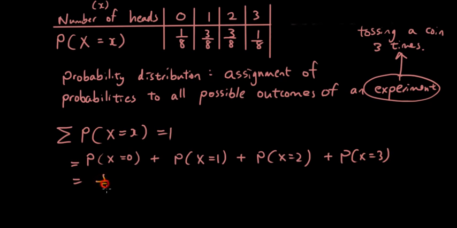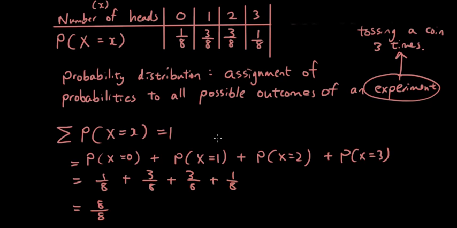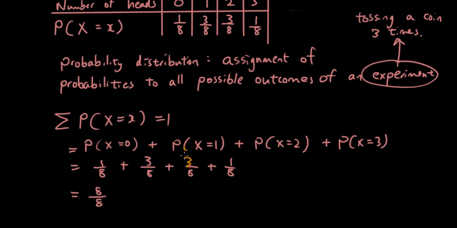So you go 1 over 8 plus 3 over 8 plus 3 over 8 plus 1 over 8. And what do you end up with? 1 plus 3 is 4, plus 3 is 7, plus 1 is 8, is 8 over 8. So it has satisfied one of the rules, that all of these probabilities must add up to 1.